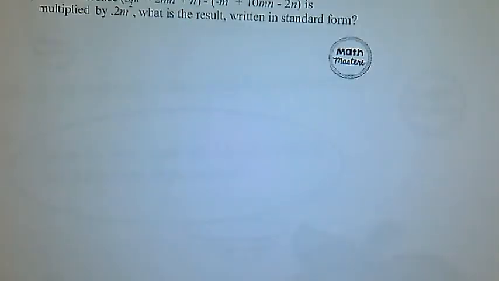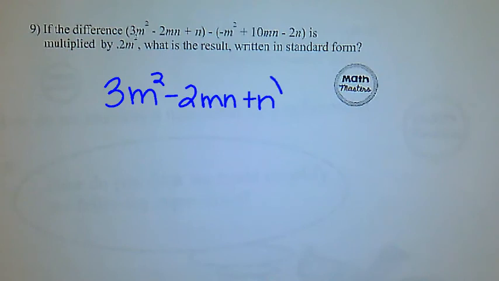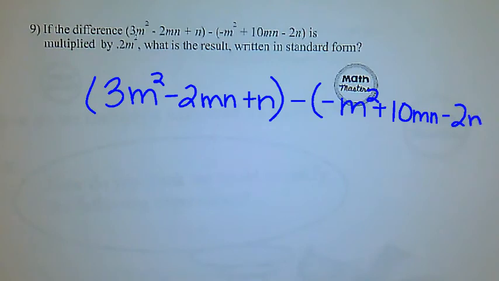All right, number 9, I'm going to help set it up for you, but I'm going to have you guys do the math on your own. Okay, so the difference, 3m squared minus 2mn plus n minus negative m squared plus 10mn minus 2n.